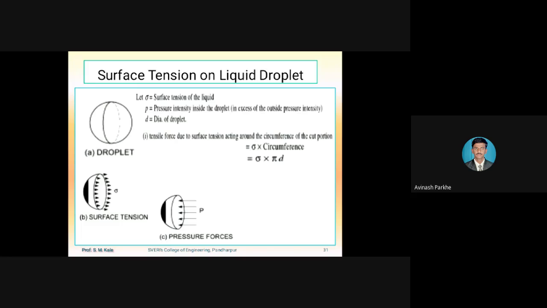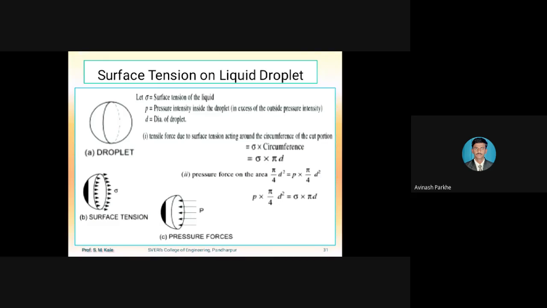If P is the pressure intensity, then the total pressure force acting on the droplet will be equal to P into area. The inner area is pi by 4 d square. So the pressure force acting on the liquid droplet will be equal to P into pi by 4 d square.